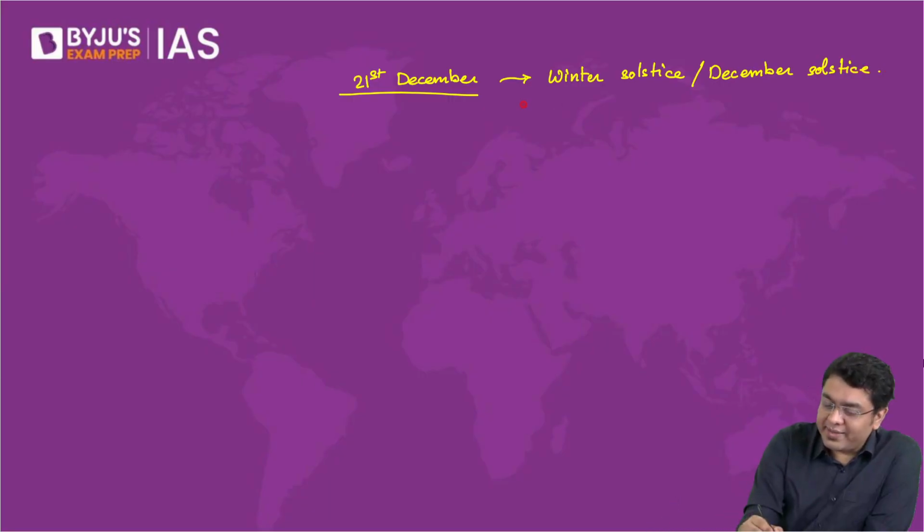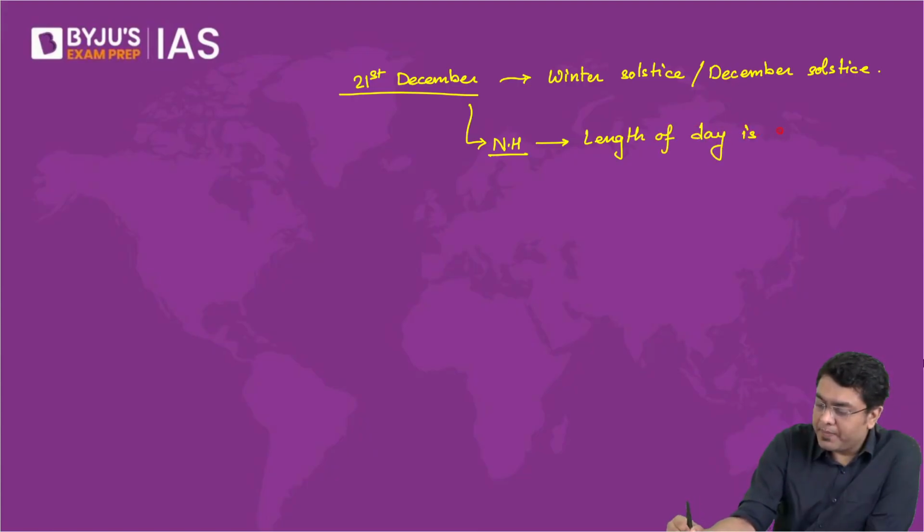Now in this case, in the northern hemisphere, length of the day is the shortest.